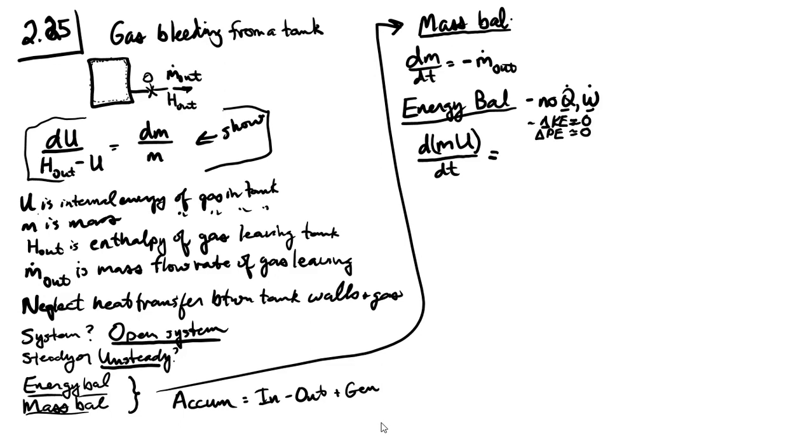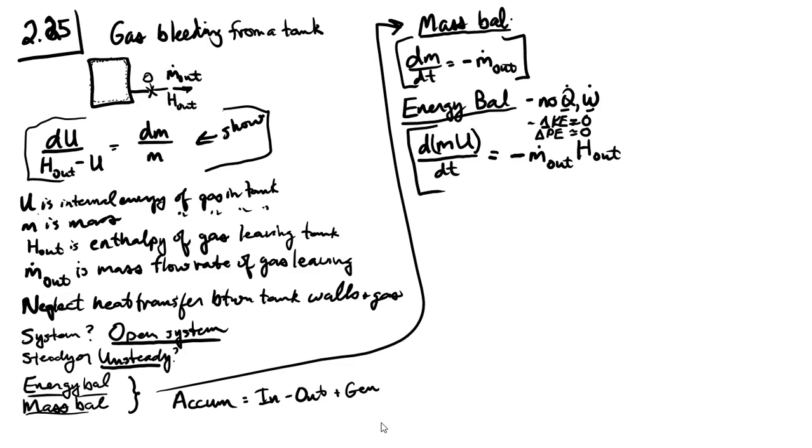So that makes our energy balance a little more simple. So there's no inlet term. There's no Q dot, W dot, KE, PE. And so now we're just left with an outlet term. So it's m dot out times enthalpy out. All right. So this is our mass balance.